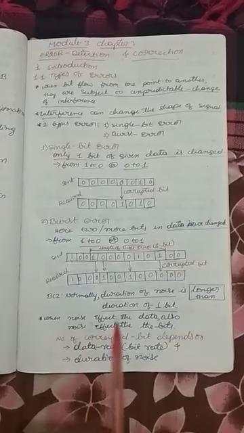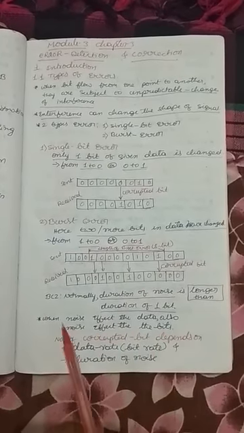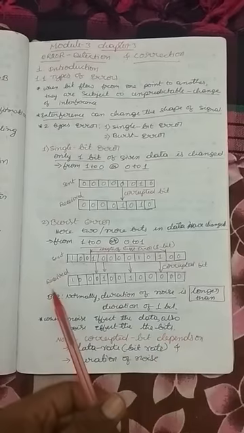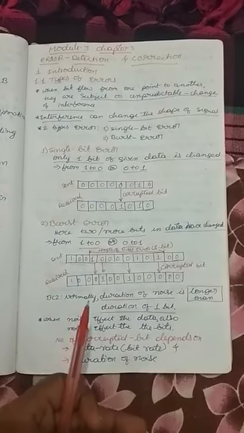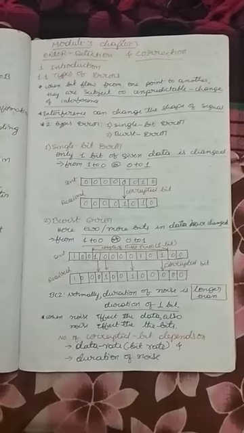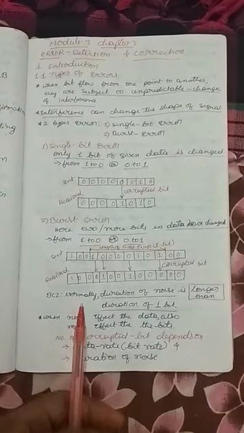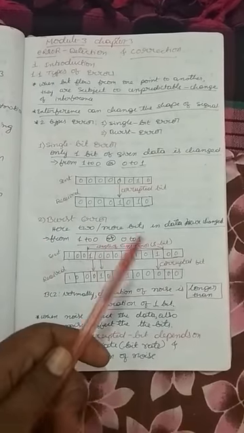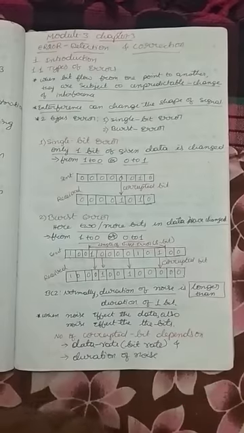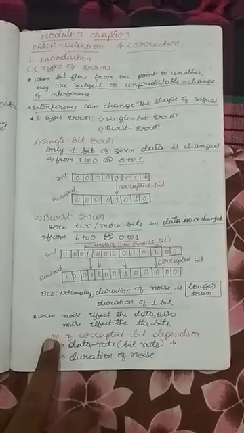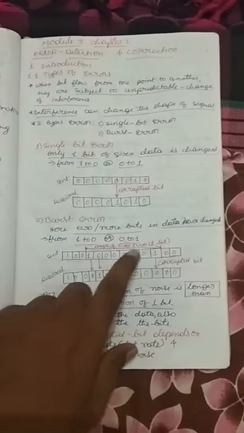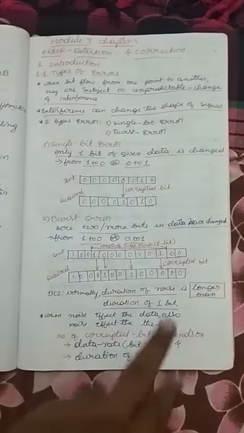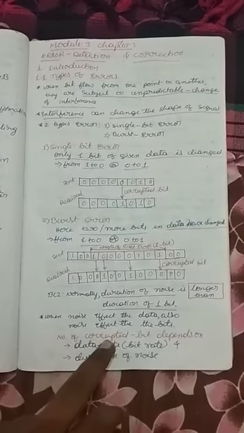When noise affects the data, it also affects the bits. Data is nothing but a collection of bits. If data is affected by noise, then the bits will also be affected by noise.